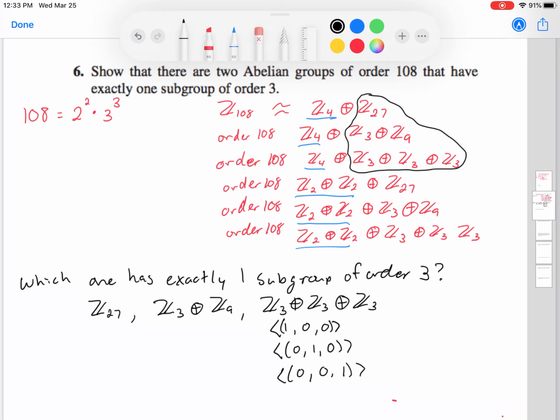And then there's more, we could have 2 of them be 1 and the others be 0. So we have a few options for what we could choose for having a subgroup of order 3.